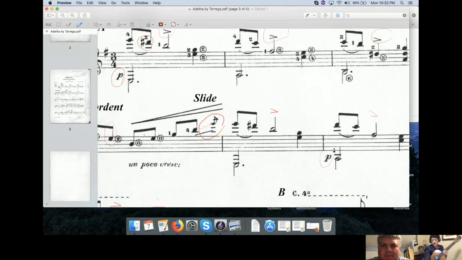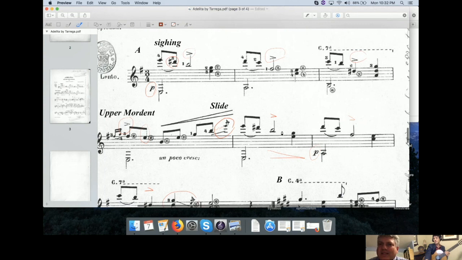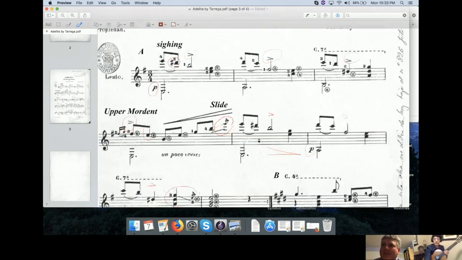He saves the piano for there, so I'd probably say there's maybe the implication of a decrescendo through that measure, even though it's not written in. Yeah, it is written in. Okay, I think that's a sensible sort of marking, because it doesn't really make sense to be loud and then suddenly soft here.